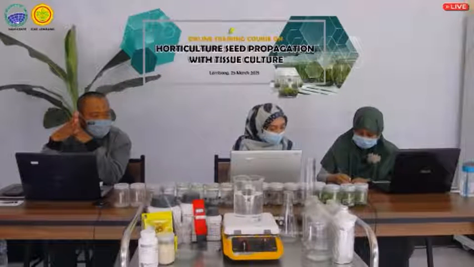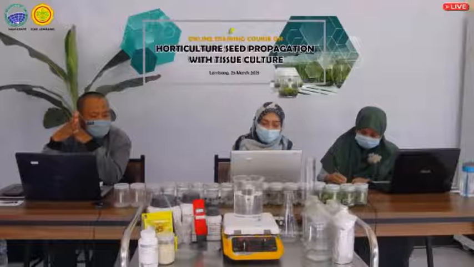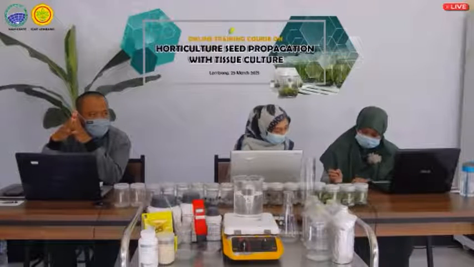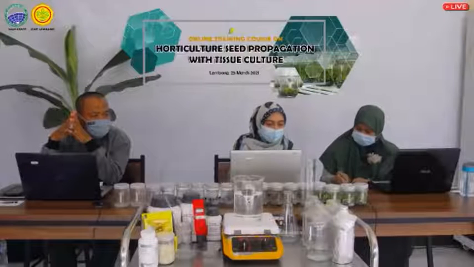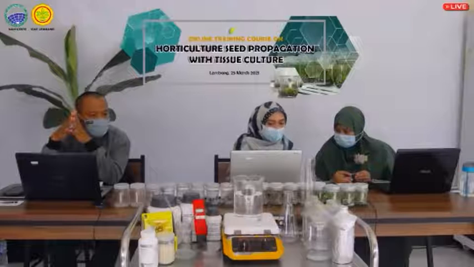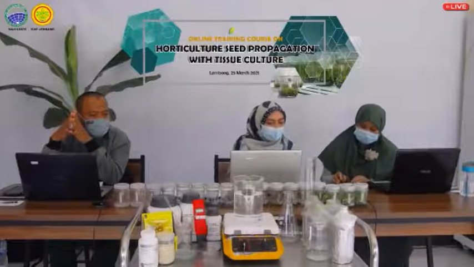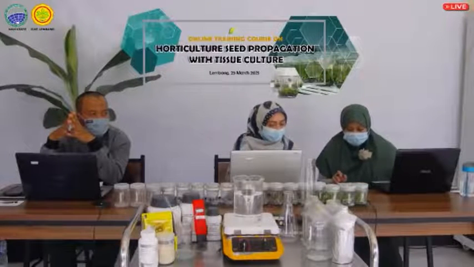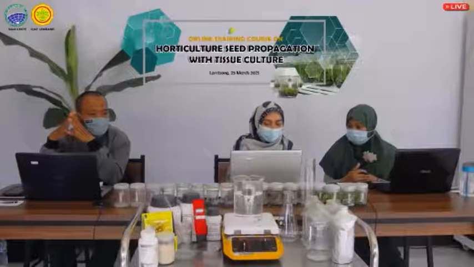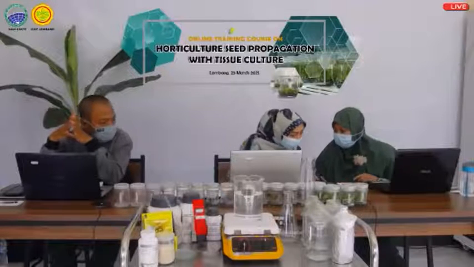But if the media is more than 5.8, we can add hydrochloric acid. That is the pH adjustment for media. After the media reaches 5.8, you can add agar and then you boil the media.